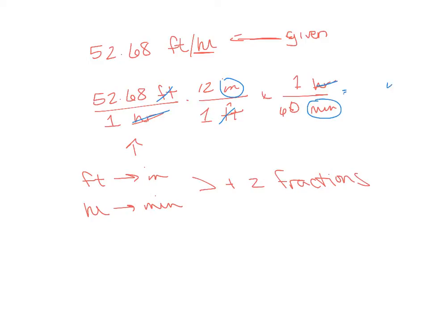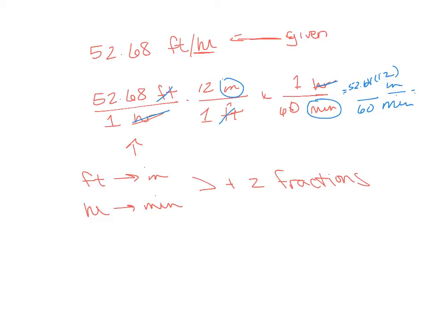So we have inches over minutes for our dimension, and we do 52.68 times 12, and that gives us a number, and it's over 60. We're just going to put 52.68 times 12 here, because we're going to have to multiply, but I don't have a calculator.